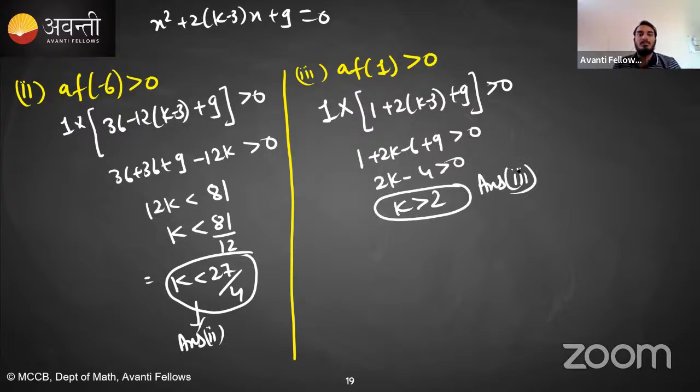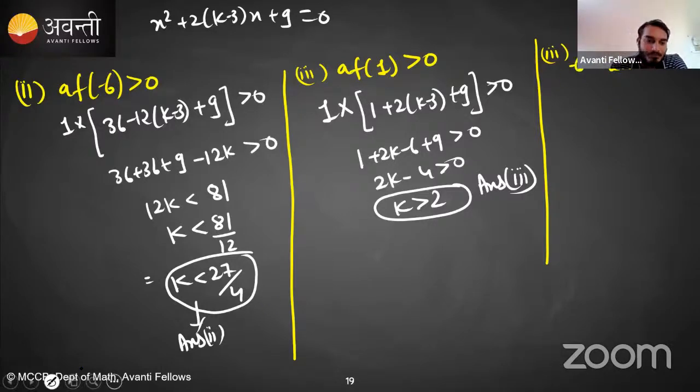Yes or no? Now one more thing is left, which is that minus b by 2a should be between minus 6 and 1. Yes or no? The x coordinate of the vertex should be between minus 6 and 1. Clear? Now what is minus b by 2a? Minus b is the coefficient of x, which is 2 times (k minus 3), upon 2a.